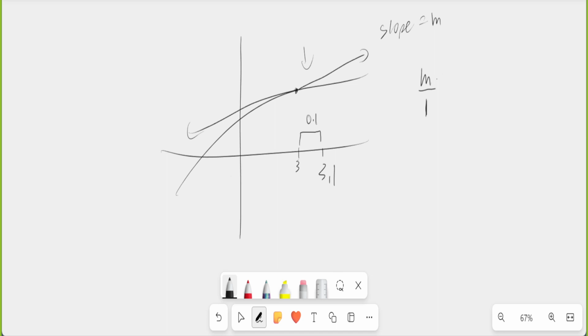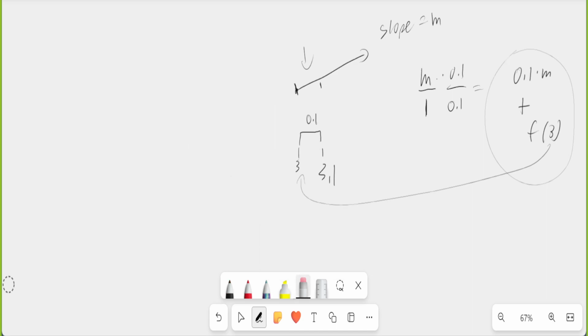So you can just multiply m by 0.1 and get how much it changes from this value to this value. But that's how much it changes, that's not your final answer. So you need to do 0.1 times m plus f of 3 in this case. You can do that instead of finding the tangent line and then plugging it in. It's a shortcut that also doesn't sacrifice on your conceptual understanding.